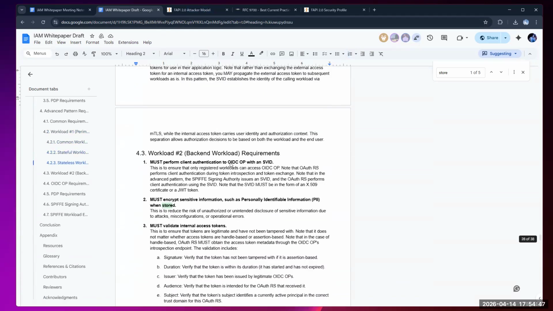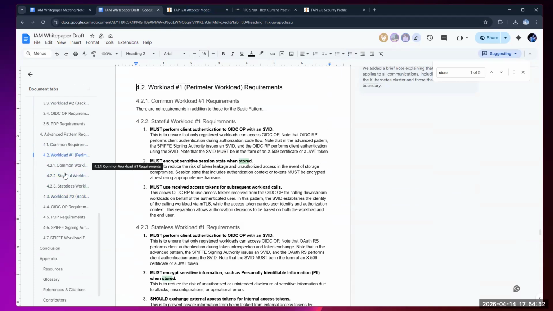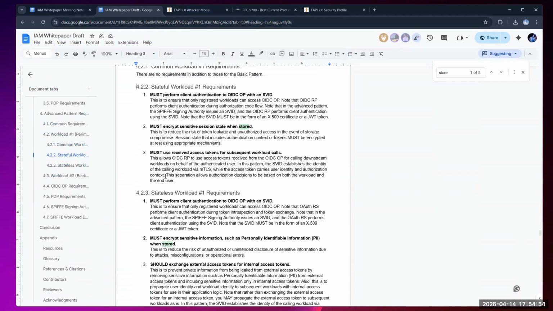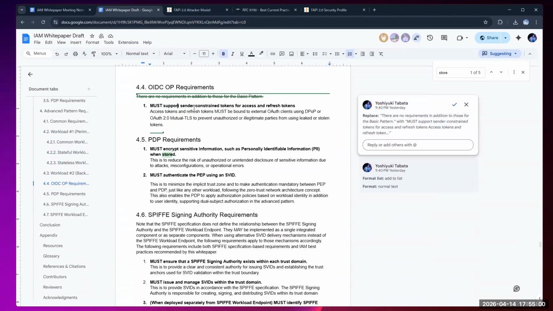Okay, so going back to the topic, the only remaining thing is whether we should write this requirement as "should" or "must". In my opinion, "must", because the advanced pattern handles the sensitive data.